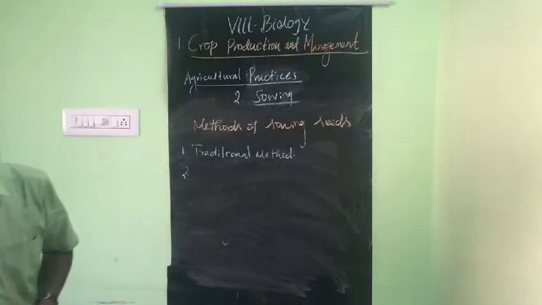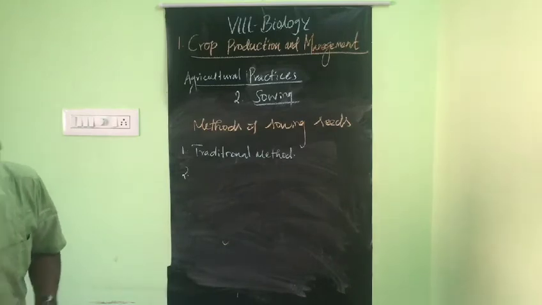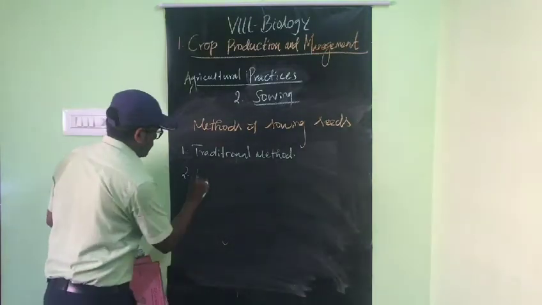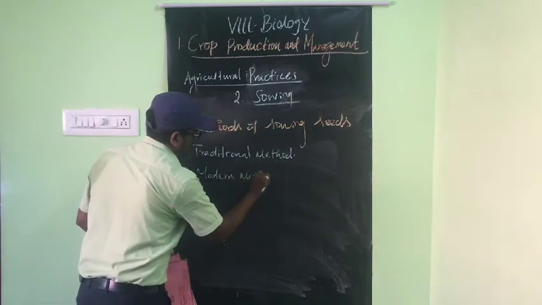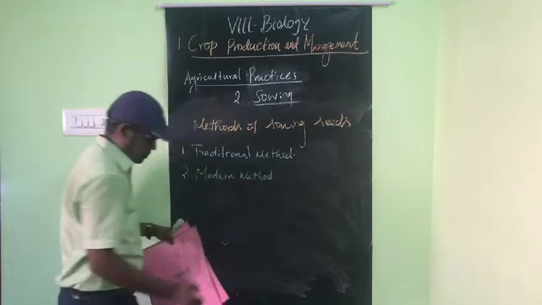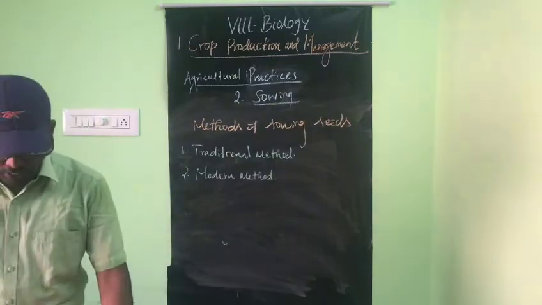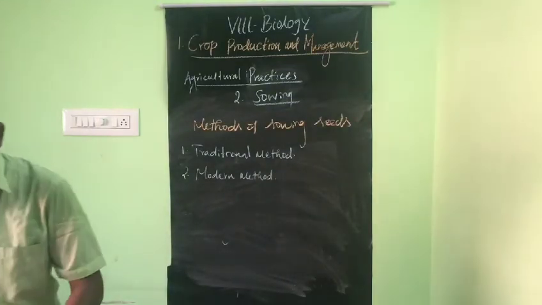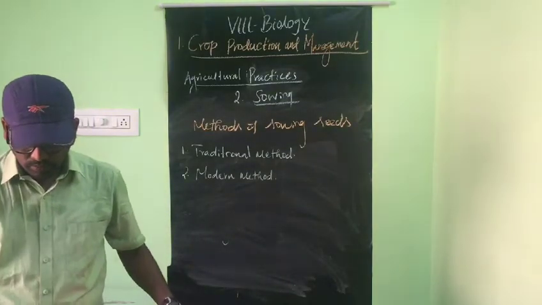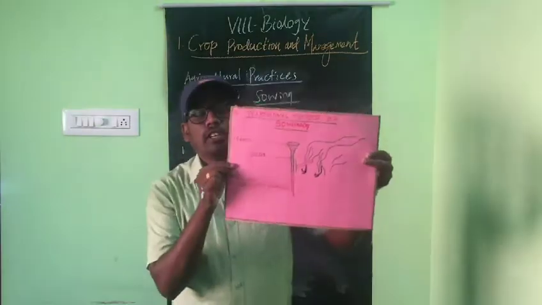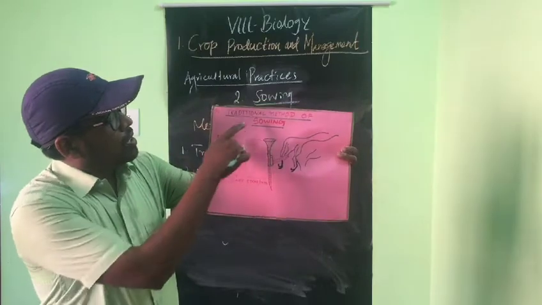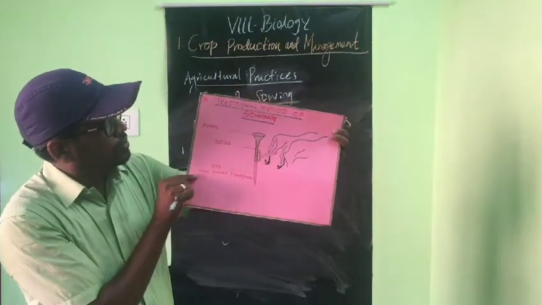The second one is the modern method. The first one is the traditional method of sowing.